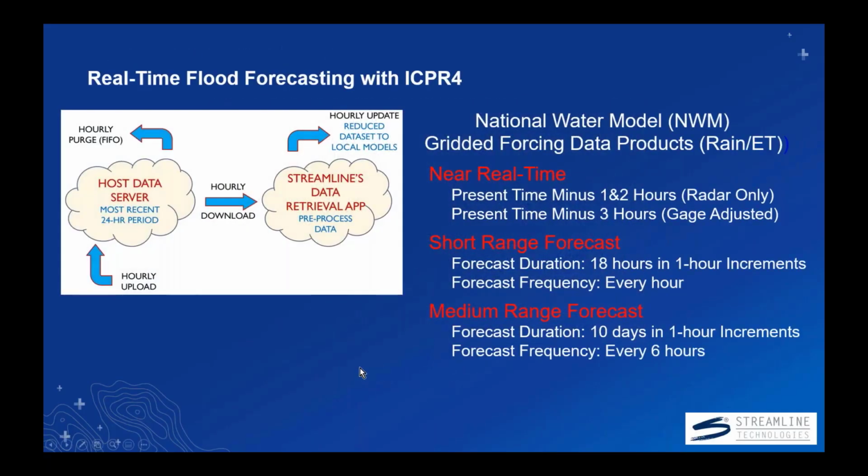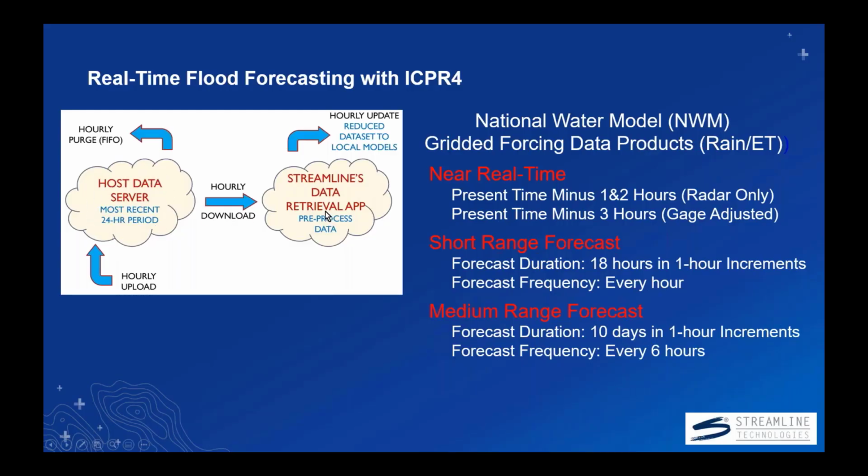One other area that we've recently got into with ICPR4 is real-time flood forecasting. And we use the National Water Model forcing data to basically drive our model. So imagine building a 1D/2D model, overlay a map of the National Water Model 1 kilometer grids, and we have a system set up to automatically download the gridded data from the National Water Model server.